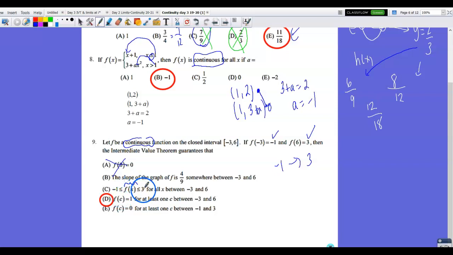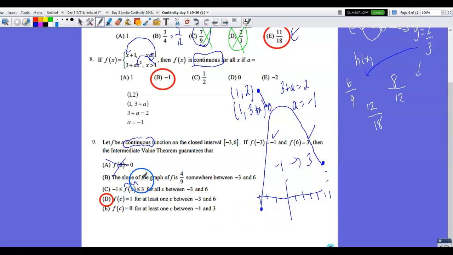between -1 and 3. Oh, I'm sorry. The function itself, I didn't read that correctly. The function itself stays in between -1 and 3. Now, let's be careful with that one. If we plot these points, -3, -1, and 6, 3, we could have a graph that goes way above 6, or we could have a graph that goes way below -1.